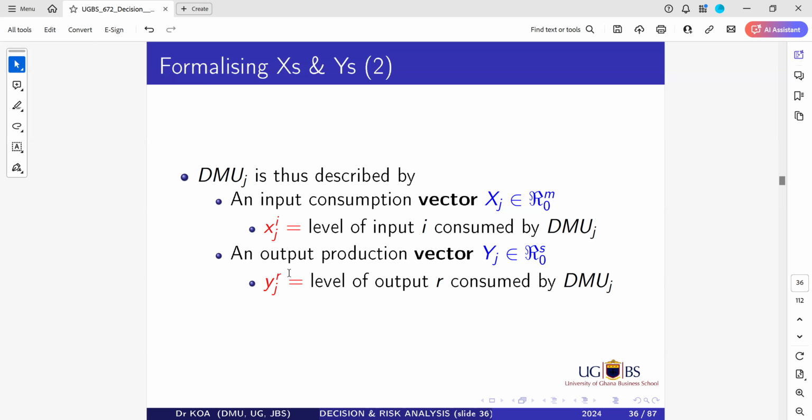And the Y is a member of the positive real numbers, all the way up to S, and there's no 0. So how do you write a particular input vector? This is an input vector. And this very one here is the level of input. Okay? So you have multiple of the I's and multiple of the J's all coming together to create the Xj.